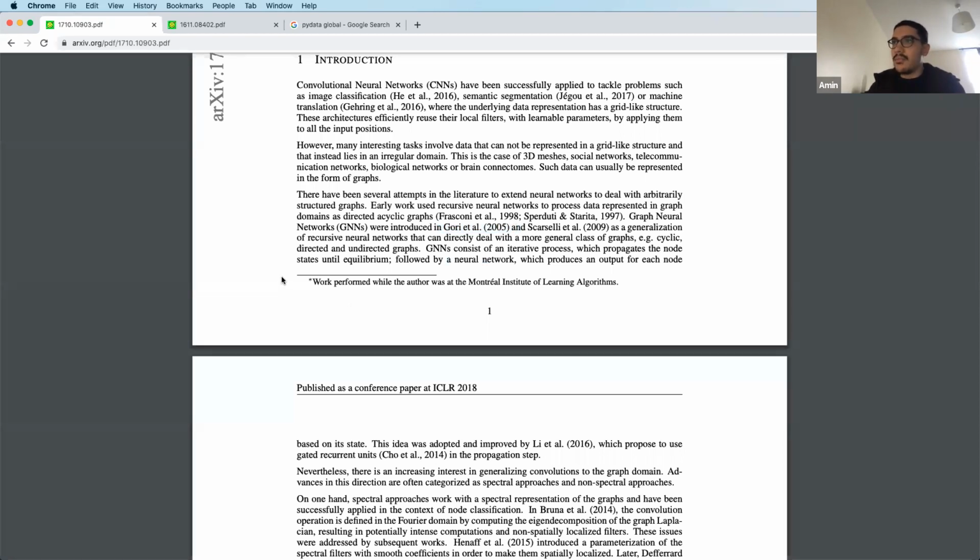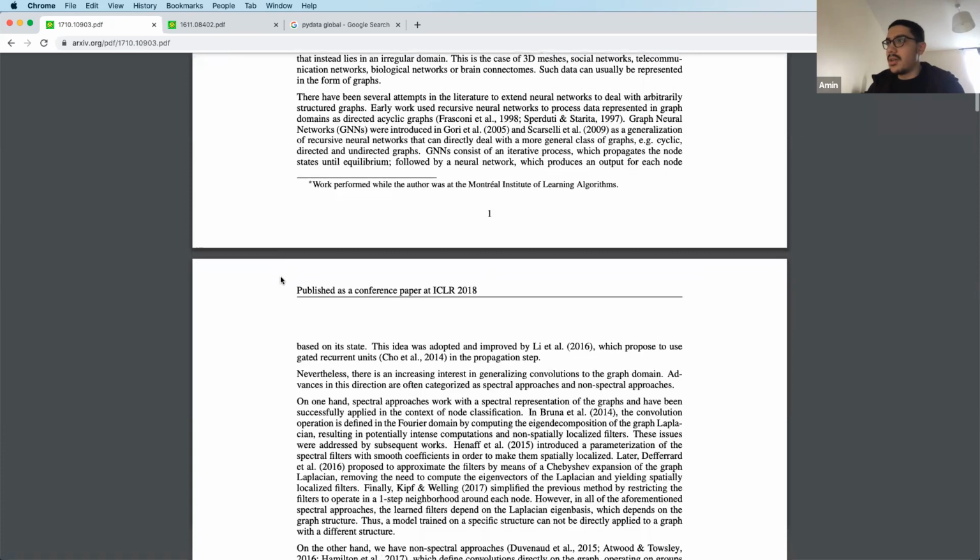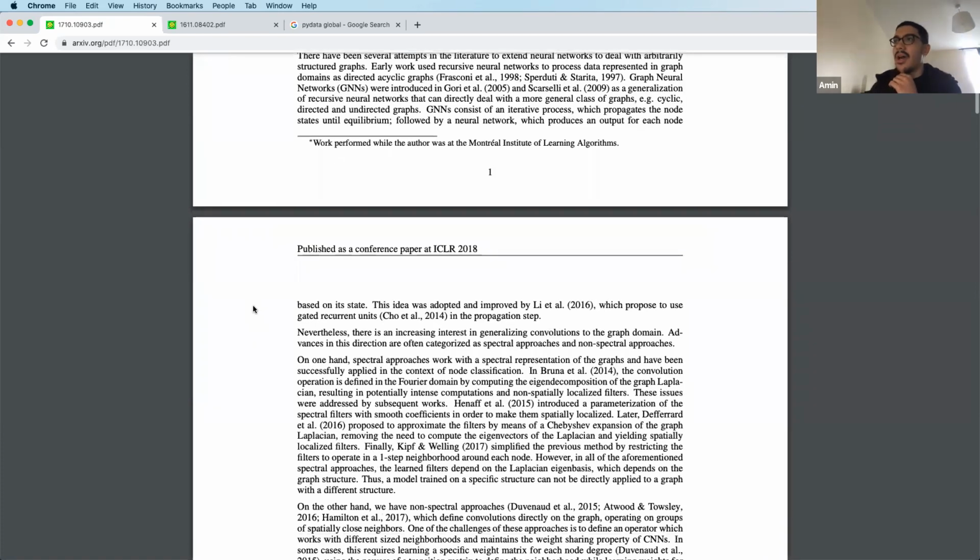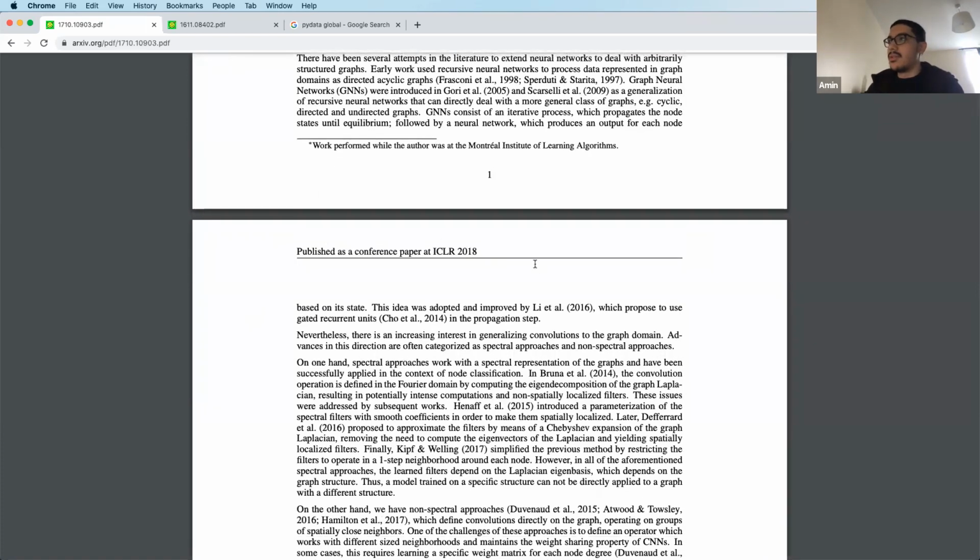Another issue is that it could be expensive to compute this equilibrium state. I guess it depends how you would define convergence in that case. Okay, so that's the original GNN. They talk about how it's improved by using gated recurrent units during the propagation step.